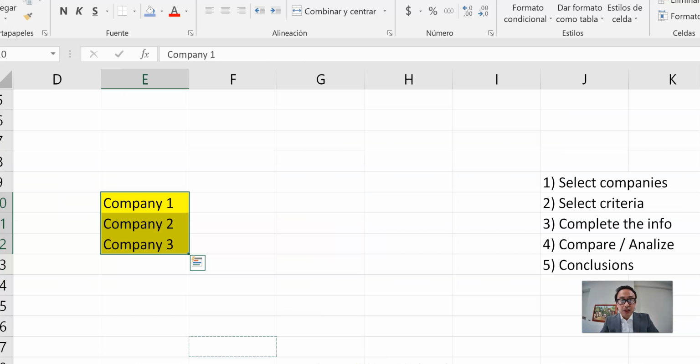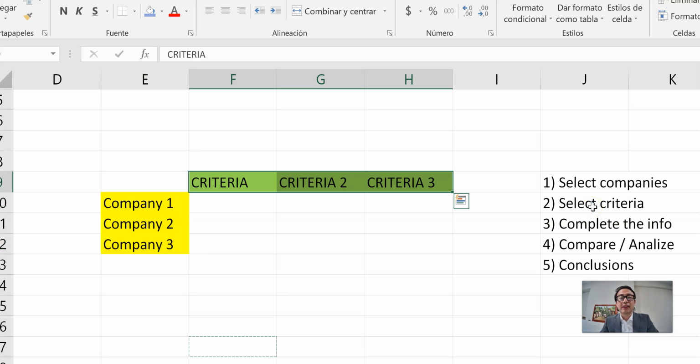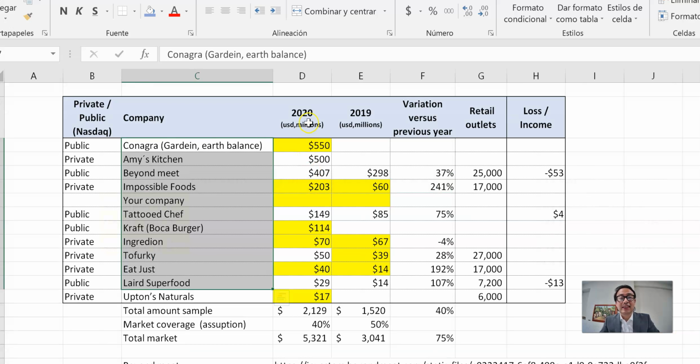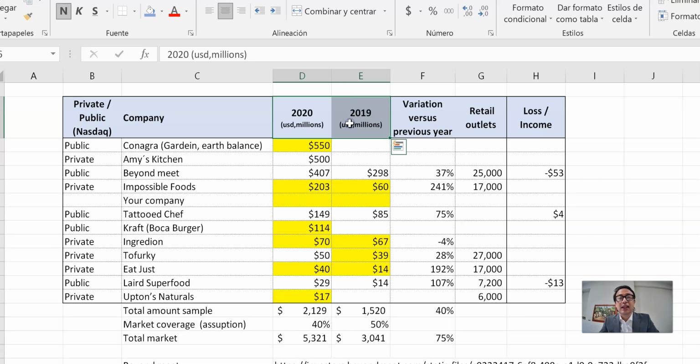Step number two is to select the criteria that you want to compare. It could be qualitative or quantitative. In this example, I chose to compare the net sales in 2020 and 2019.